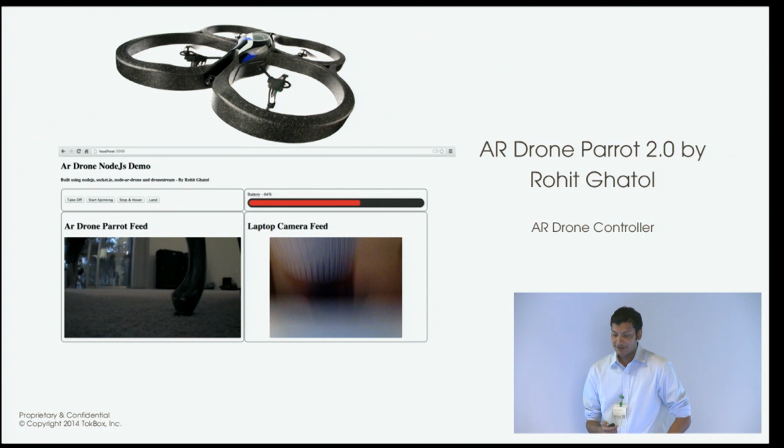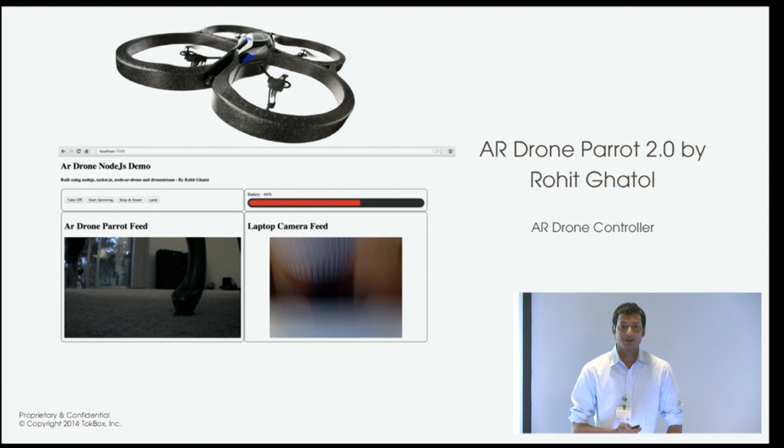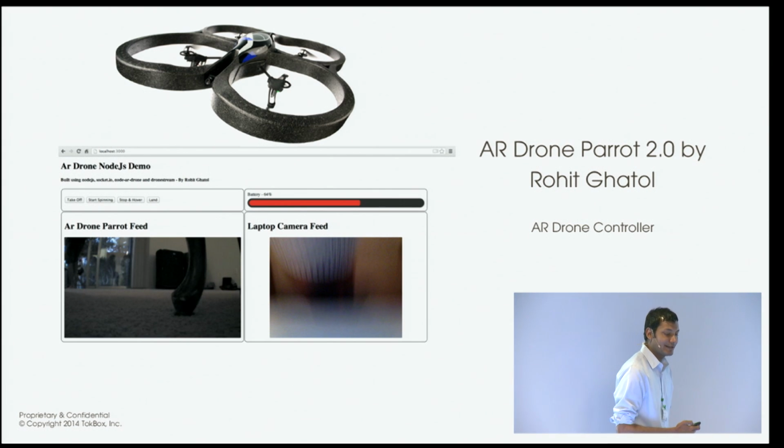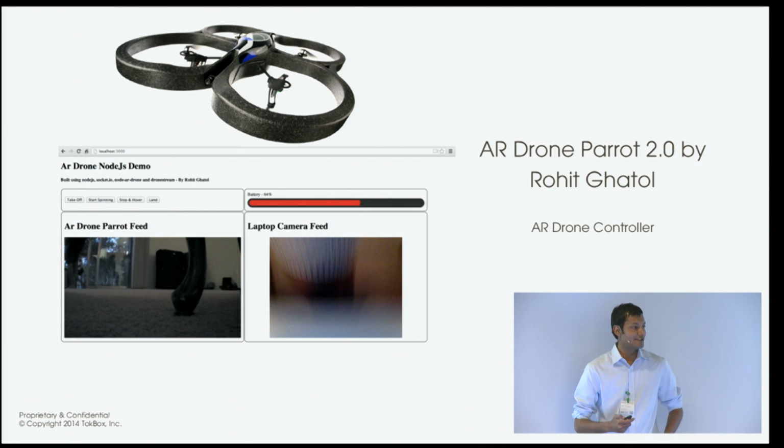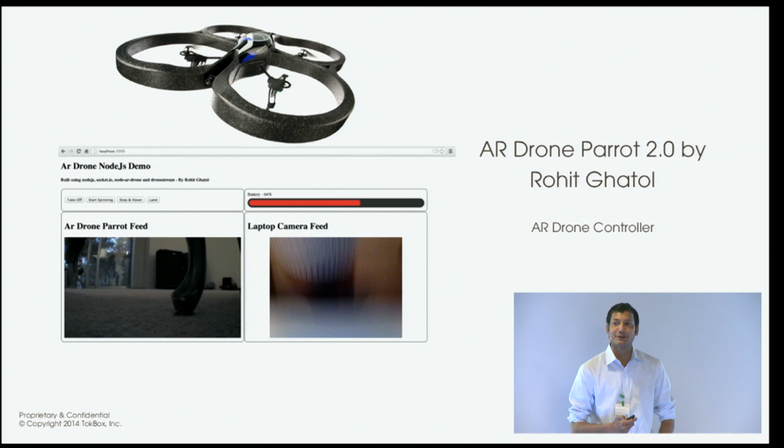Moving on, this is a very interesting, developer-centric project. This is basically an AR drone. It's the Parrot. It's essentially a quadcopter, which has a front-facing HD camera and a down-facing HD camera. And Rohit, the developer, built a very simple web-based interface to be able to control this quadcopter.